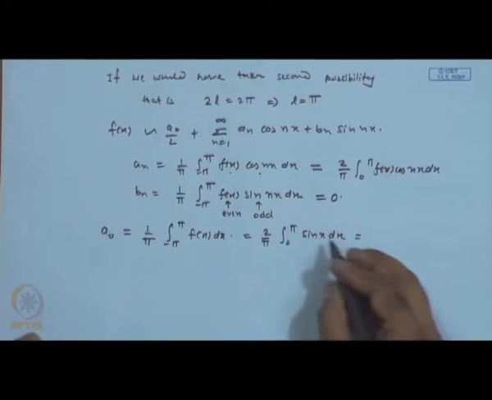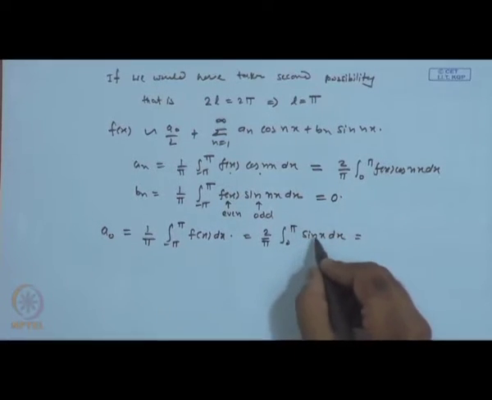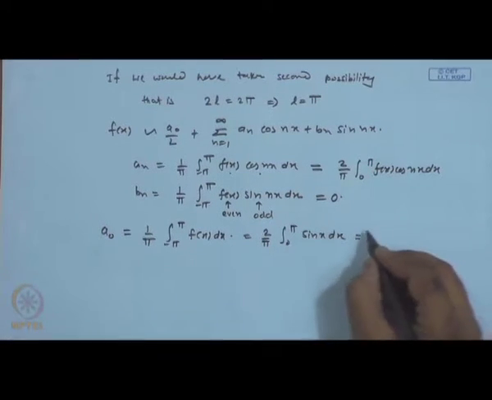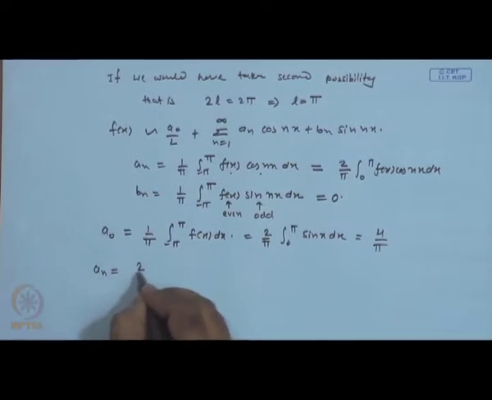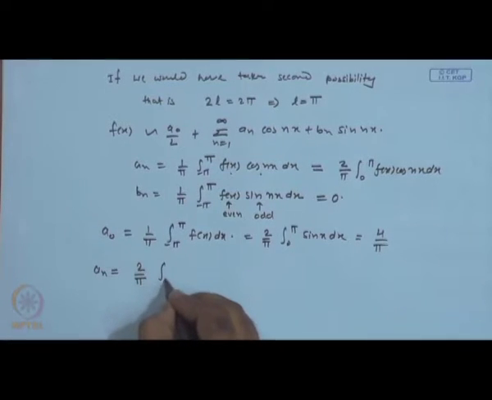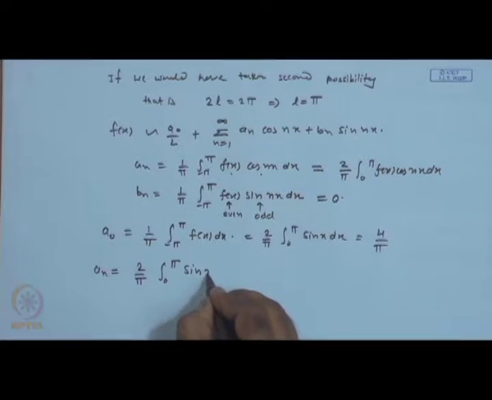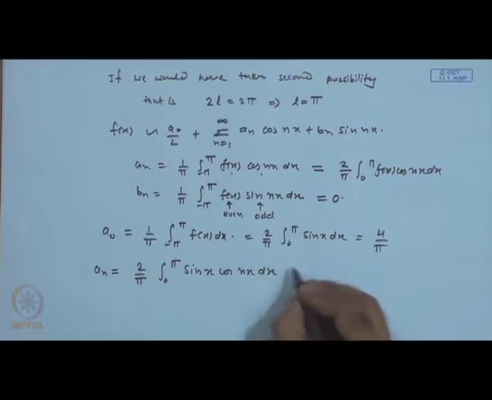So, this cos x, and then we have this value cos pi minus, and with the minus sign we will get again the 2 out of this integral. So, we will get 4 over pi, and then a n is 2 over pi, 0 to pi, sin x cos n x dx, which we can integrate.